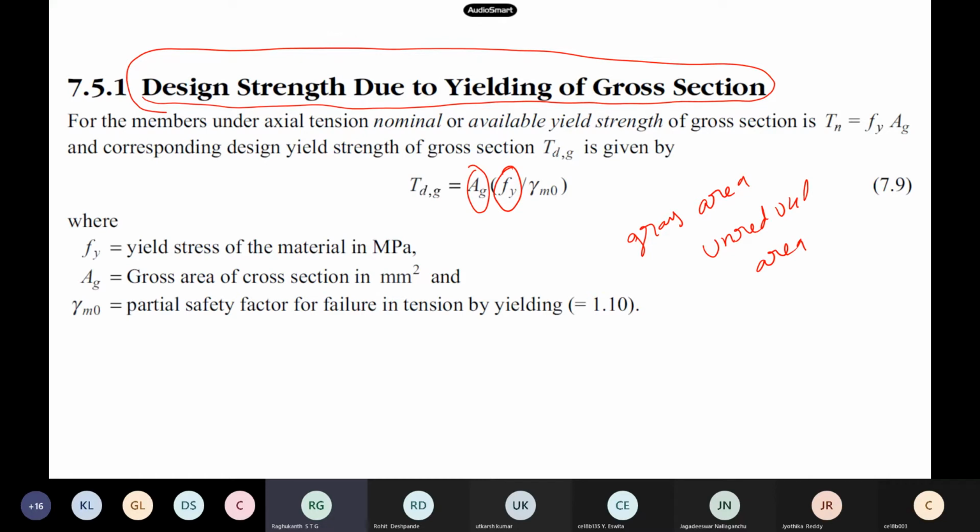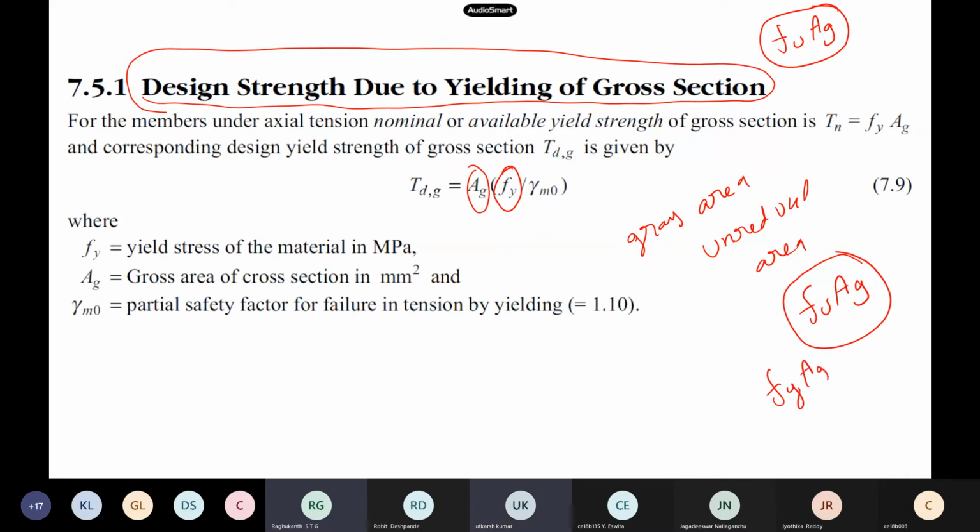We could have used Fu into Ag also in this formula. What's the problem if I use Fu into Ag? Why are we using Fy into Ag? The member can take load up to Fu, so Fu into Ag you could take, but why Fy into Ag?